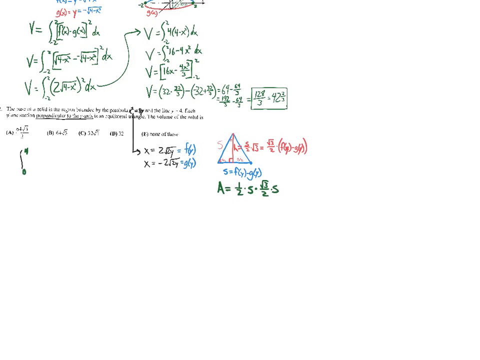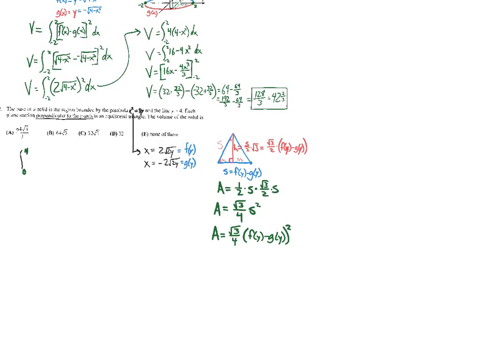In other words, the area is root 3 over 4 s squared. And we already know that s is f of y minus g of y. So the area here is root 3 over 4 times f of y minus g of y, squared.